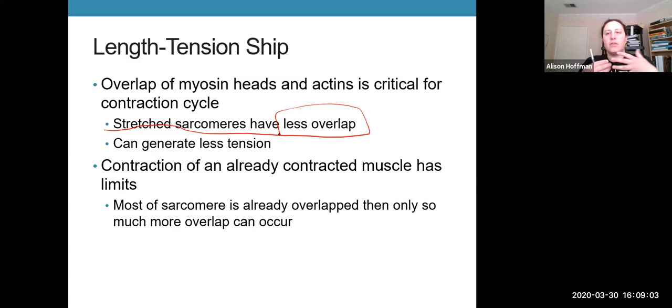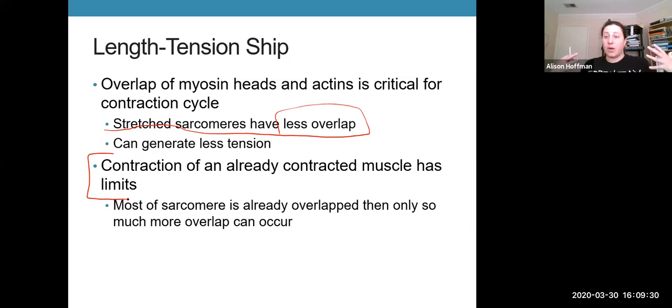So when you're starting too stretched out, there's only a couple of cross bridges forming, and we can't really generate a lot of tension. It takes a while to slowly creep back together to get enough overlap. But when we're too contracted already, then there's only so much more overlap we can generate. So this is also going to decrease the amount of tension that we can generate.